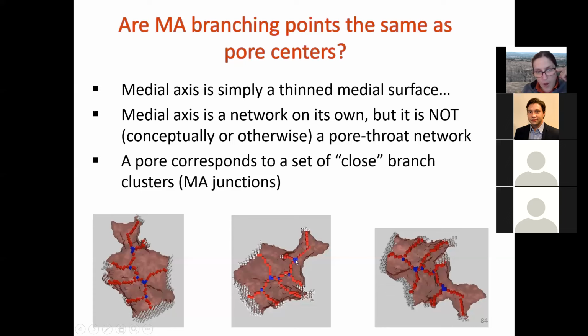And you can see how multiple branching points of medial axis paths, which are in blue, are within one pore, or what's found by pore-throat searching algorithms as a pore. So again, medial axis is not in itself a pore-throat network, and don't necessarily treat it as such.